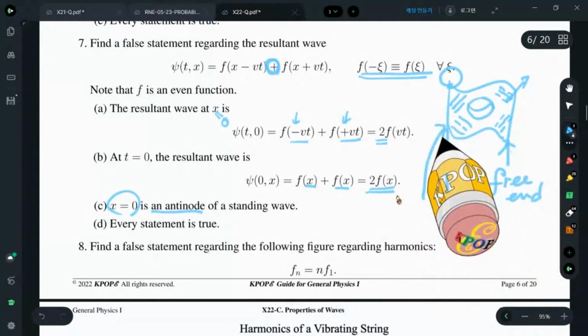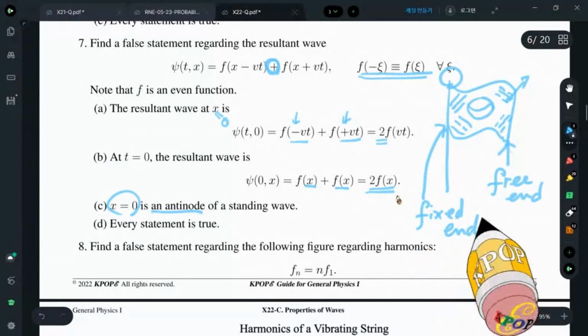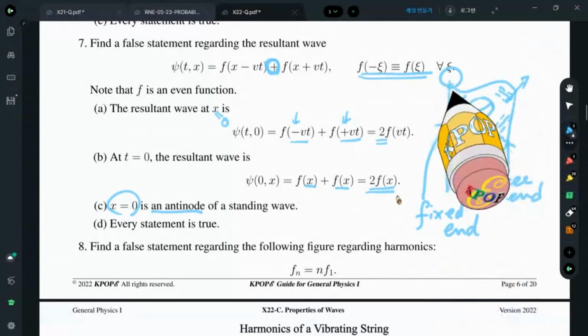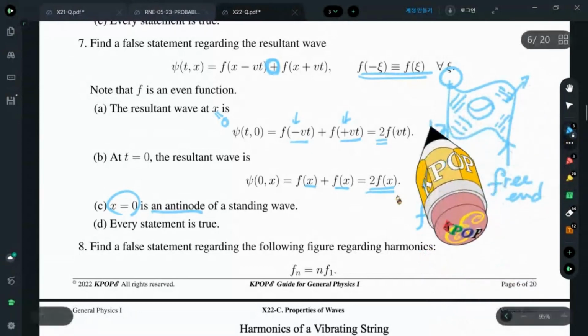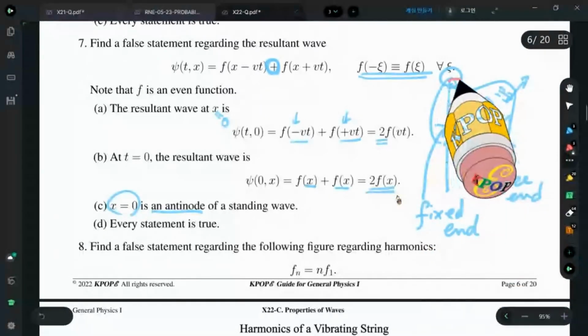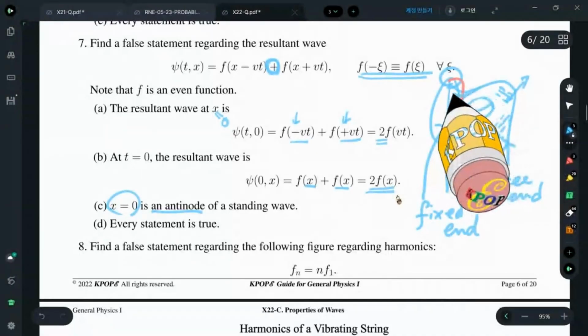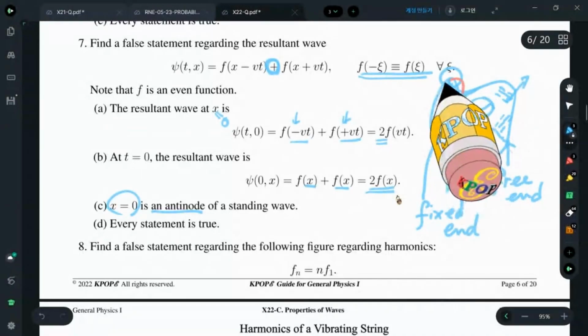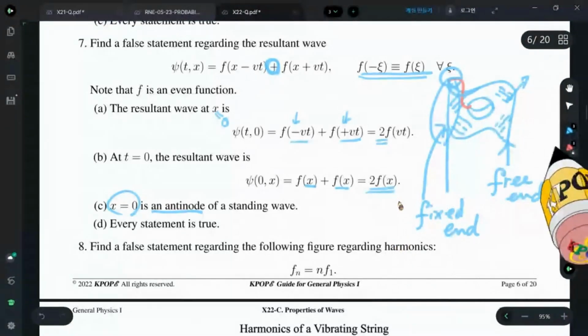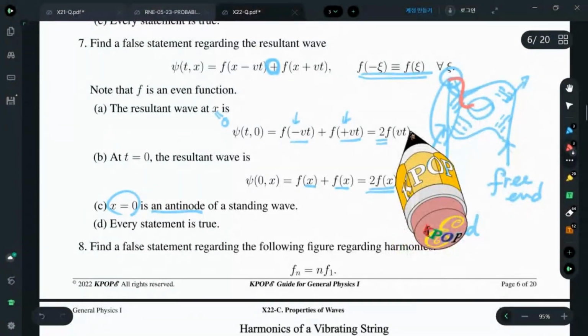In here, there's a fixed end. This wavy flag reflects at this point. Immediately, the direction becomes opposite. When the wave comes in this way, when it reflects, it oscillates in the opposite direction.